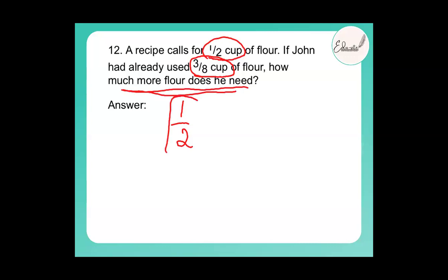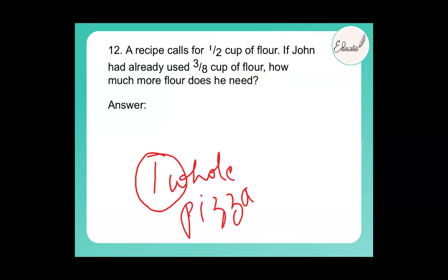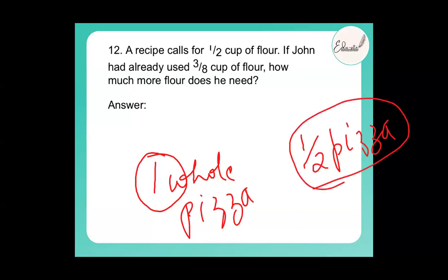You want half, but he has already used 3 over 8. How much is required? We're minusing. I'll tell you, Anis. If Anis wants one whole pizza, but he has already had half of the pizza, how much more does he need to have one whole pizza?